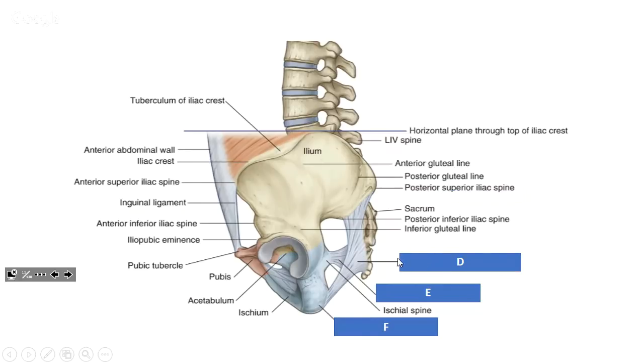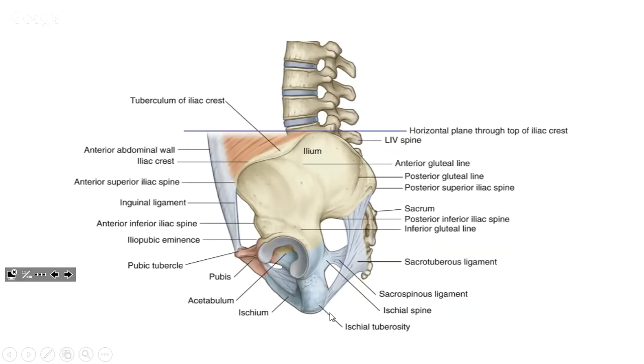And D? So it's complex because there's the two ligaments. So that one's the sacrotuberous because it's going from the sacrum to the tuberosity of the ischium. And then E is the sacrospinous, that's right. And F is what you sit on, basically, ischial tuberosity.